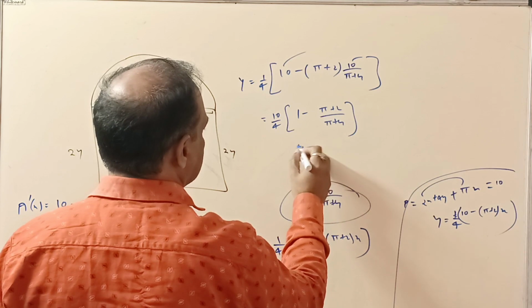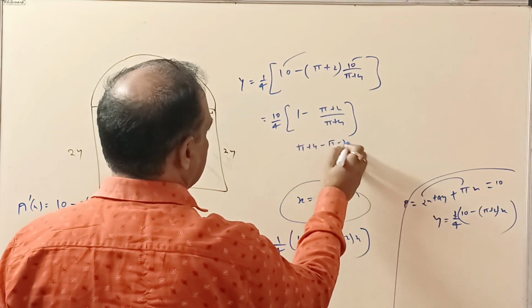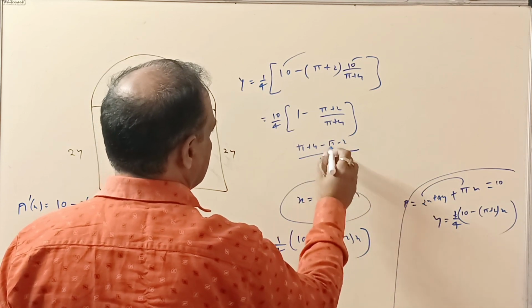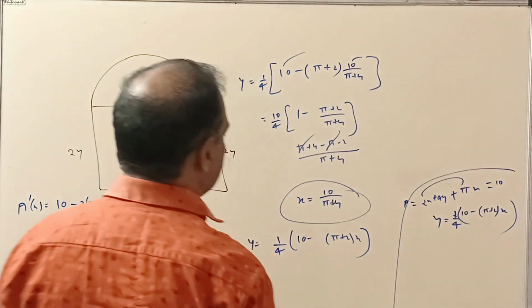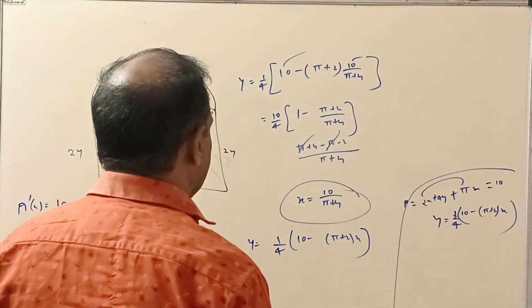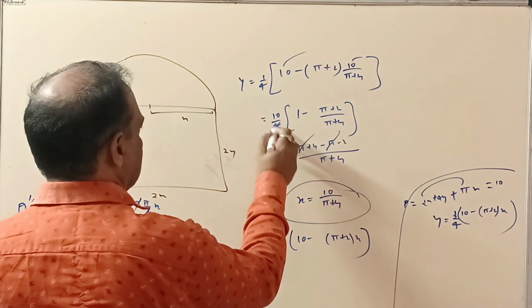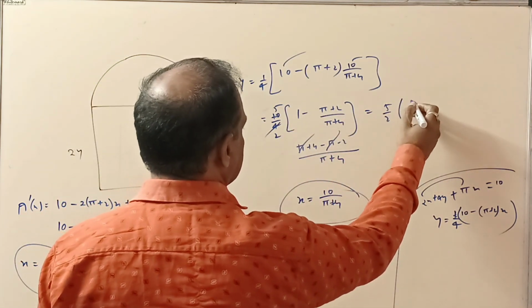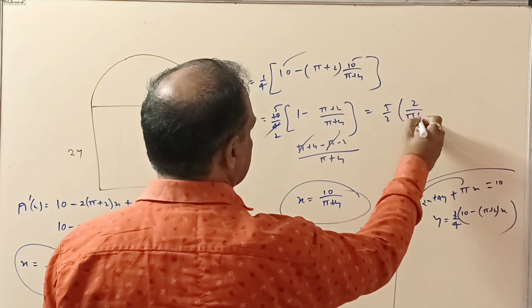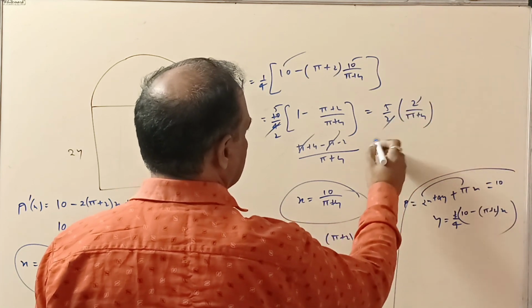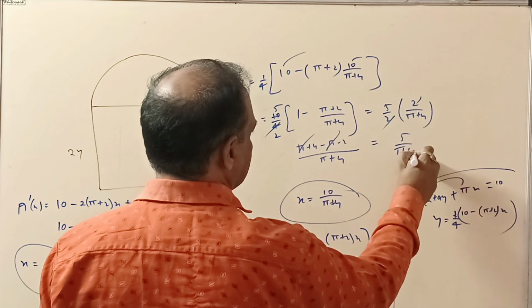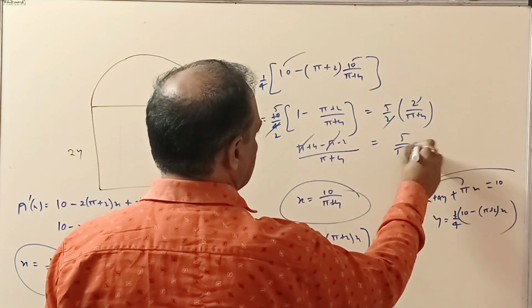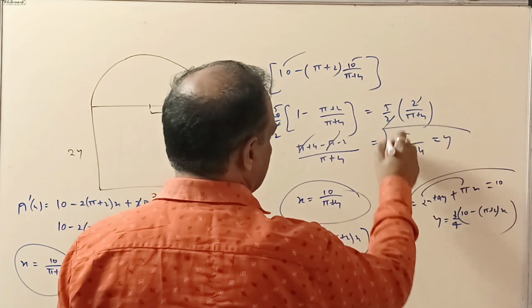If I solve this, this will give you pi plus 4 minus pi minus 2. Pi will cancel out, and you will have 2 there. And this is 2, 2 4, 2 5 10. You will have 5 over 2 in the bracket, times 2 over pi plus 4. The 2s will cancel out. You will be left with 5 over pi plus 4, and this is the value of y.